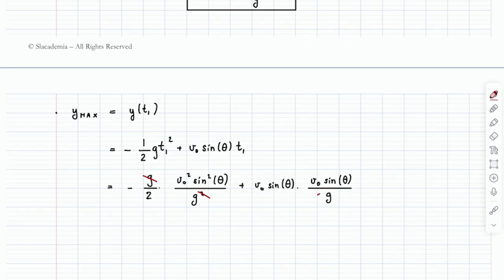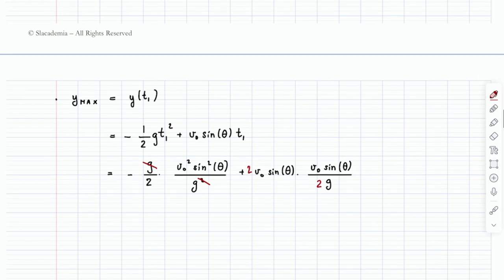And so to get the same denominator, I'm going to, well, that's a little fast. Let's do this. Let's not skip steps. You might end up becoming a Berkeley professor if you skip too many steps in solving. So v naught squared sine squared theta over 2g, minus the whole thing, of course, plus, well, this becomes v naught squared sine squared theta over g.